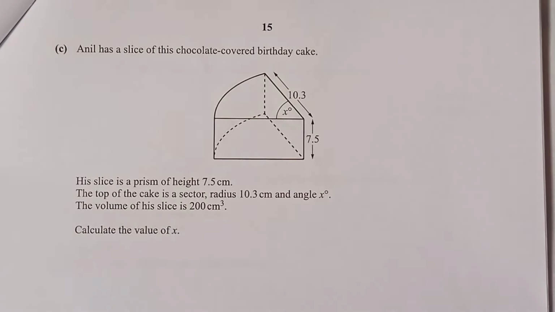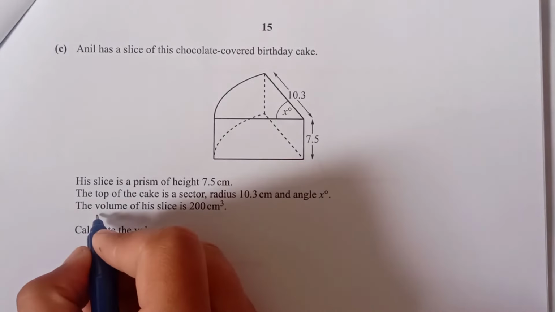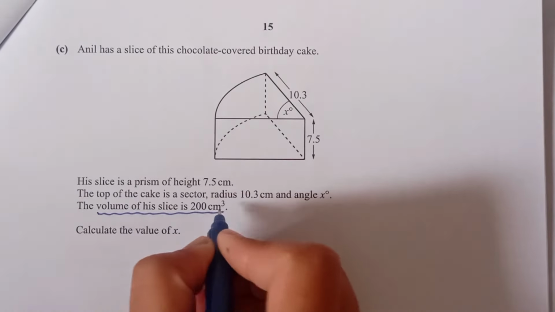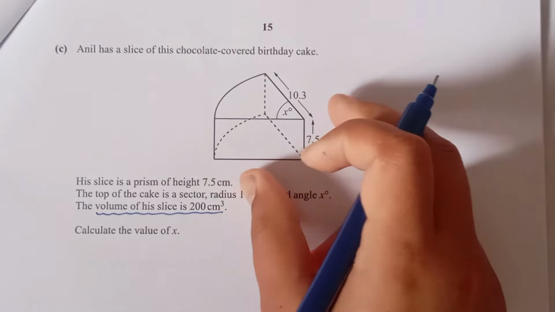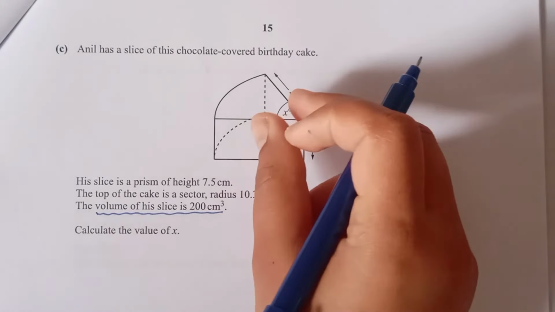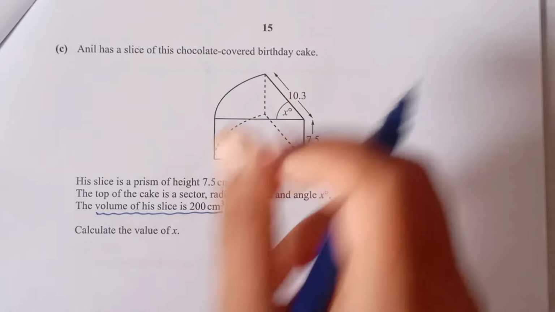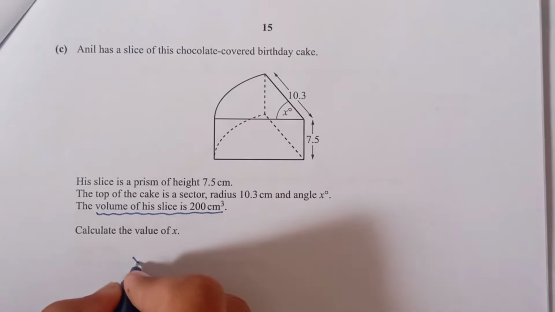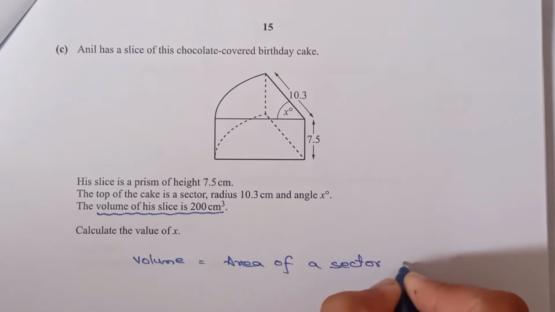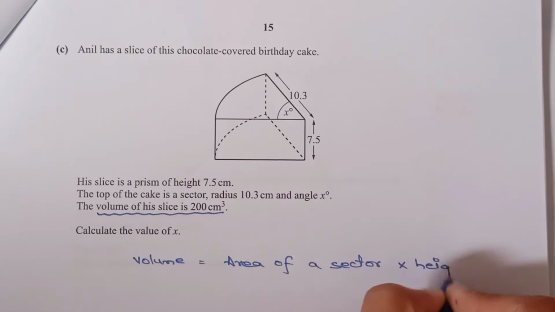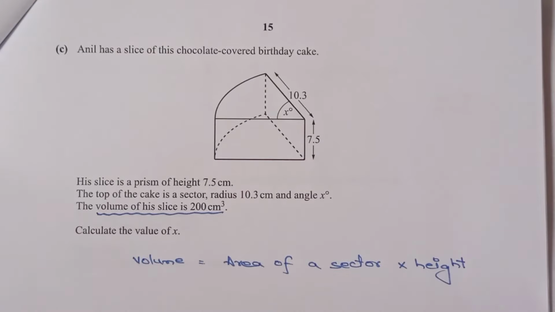Okay, so we are given the information that the volume of that slice is 200 centimeters cubed. So what would be the volume? The volume is basically the area of a sector times height. We need to use the value for volume, that is 200.